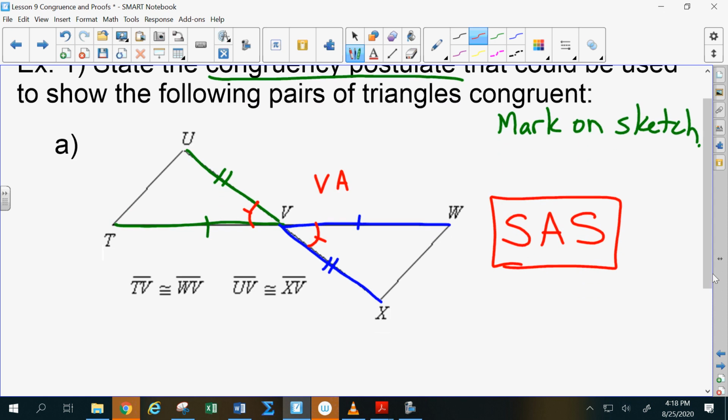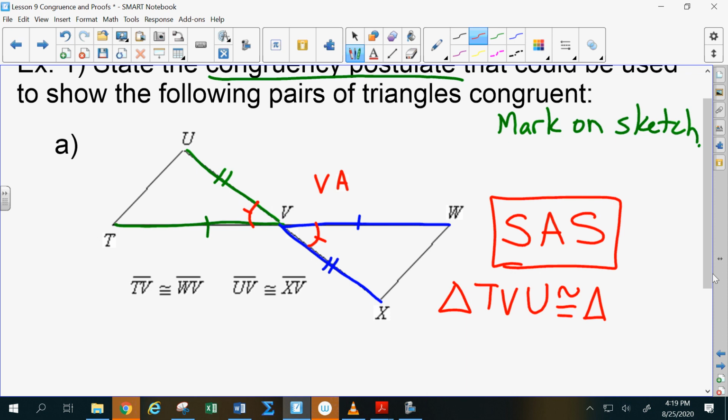I could write my congruency statement as triangle, and order matters here. First triangle, any order you want. T, V, U, and it needs to be congruent to the other triangle.